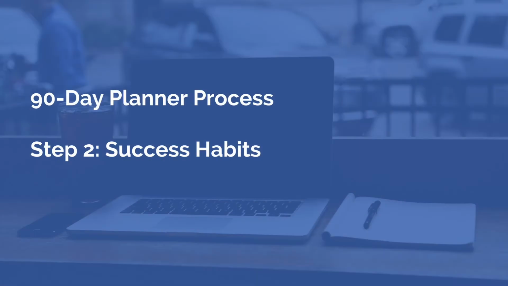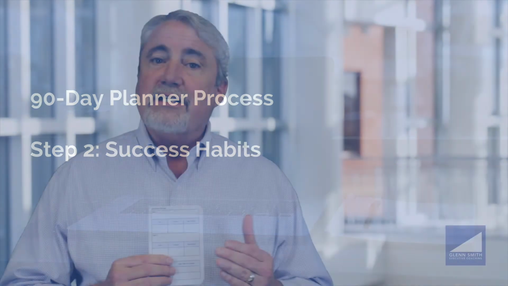And then we move on to page 3, where we look at habits. And every quarter, I want to encourage you to be working on a new success habit. And so in the last webinar video, we talked about how to improve these habits. We introduced you to the habit loop, and the habit loop has 3 parts.